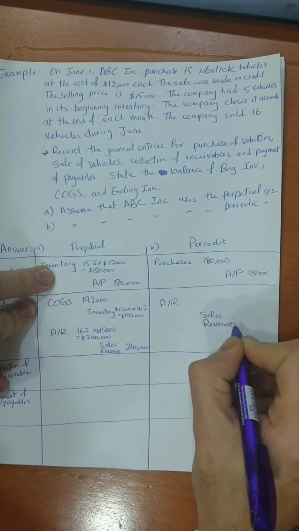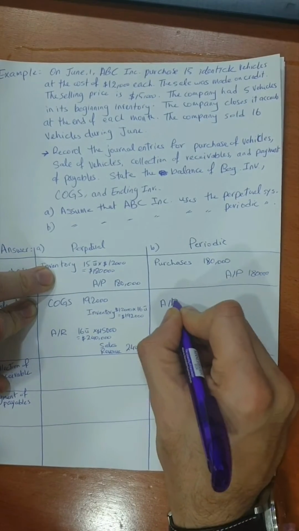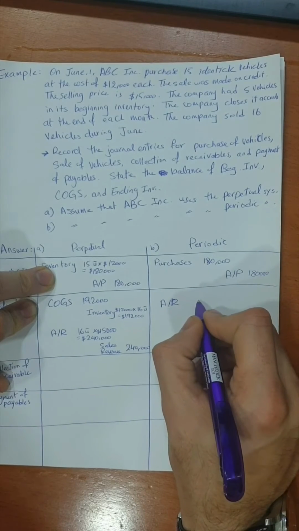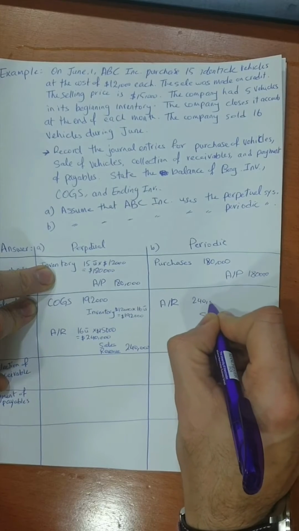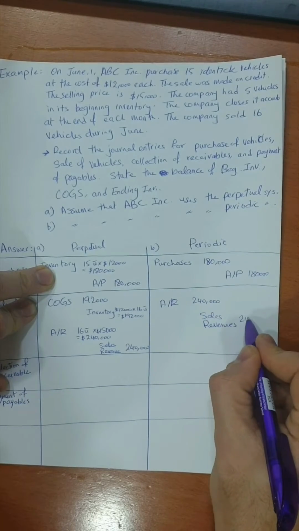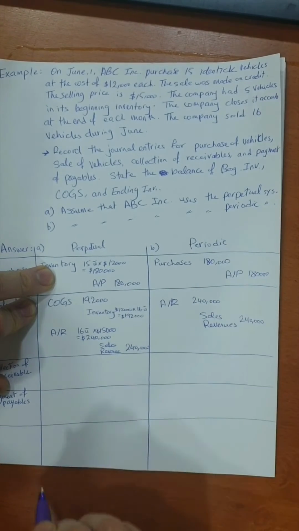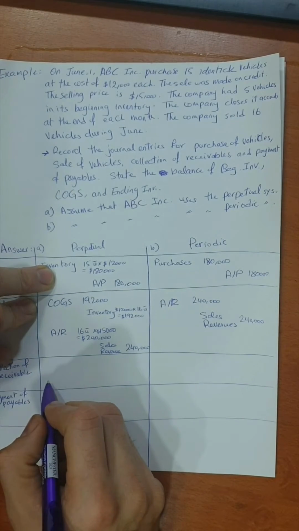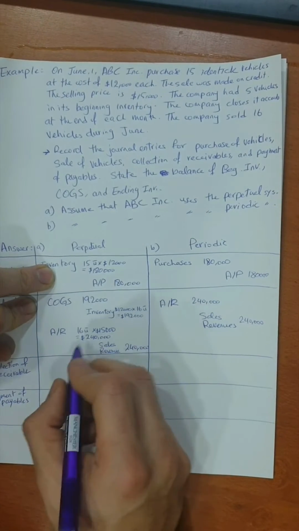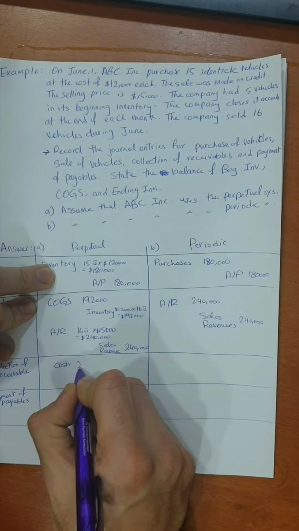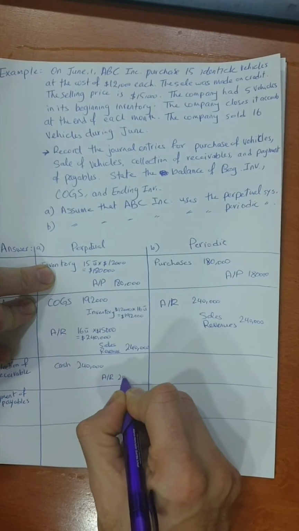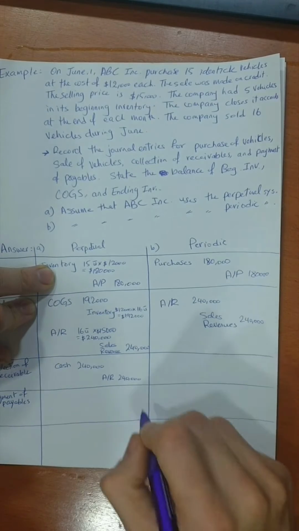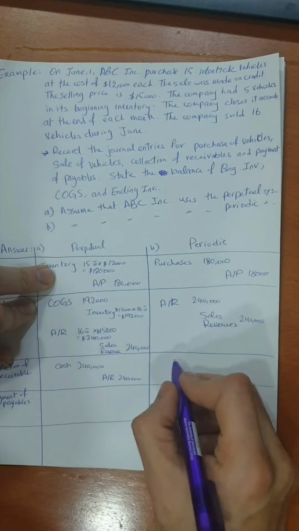So we didn't release any inventory from the warehouse. Account receivable is 240, the same as the perpetual, and the sales revenue is 240 as well.